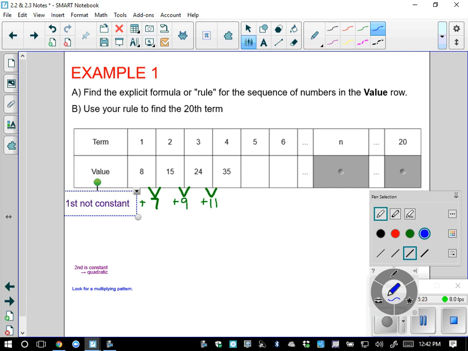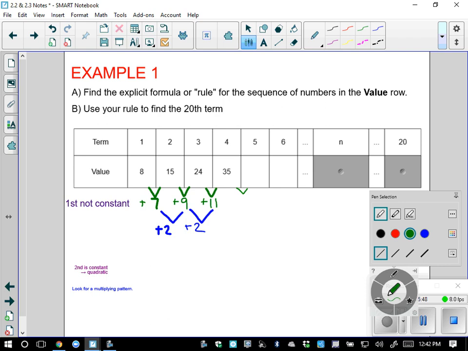So the second difference would be the difference of the first difference. So in other words, from 7 to 9 we go up by 2, and from 9 to 11 we go up by 2. So maybe we need to back up a little bit and just think about what this value would be for the fifth term.